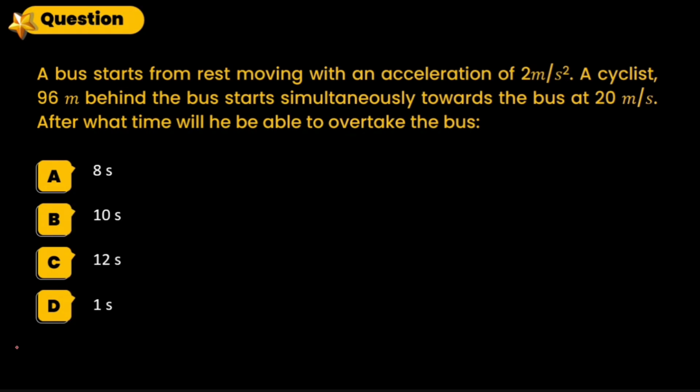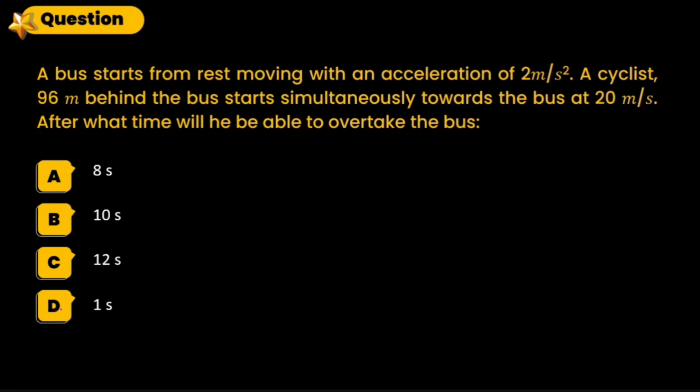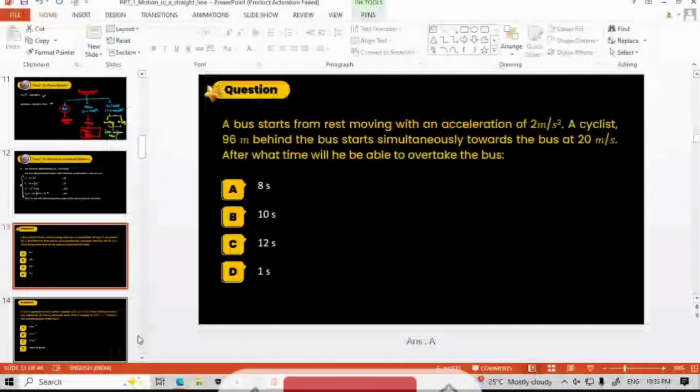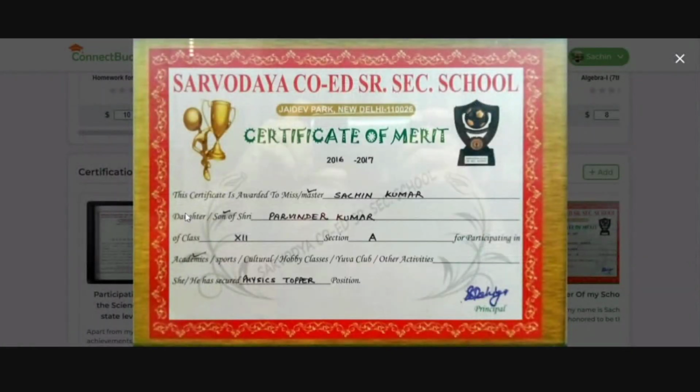I would like to say that this is the first time that someone in the very first attempt answered this question. So that is a really big achievement. When I tried it in the first go, very first time, I was not able to do so. The reason why I'm saying this is that I wanted to share: throughout my school time I was the physics topper, and when I left the school also, I was the physics topper.